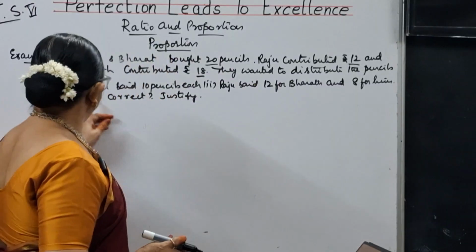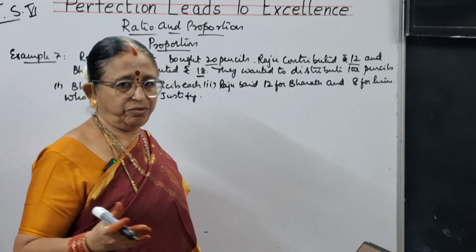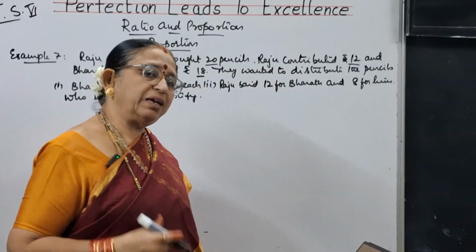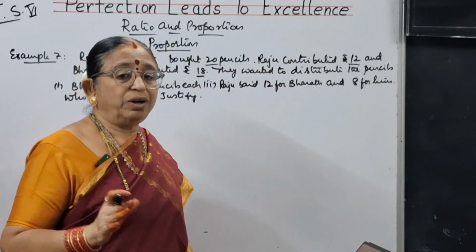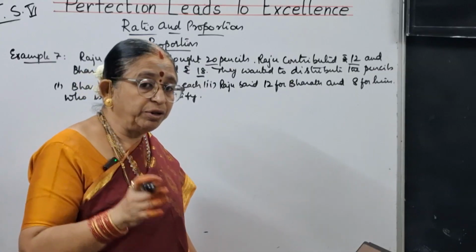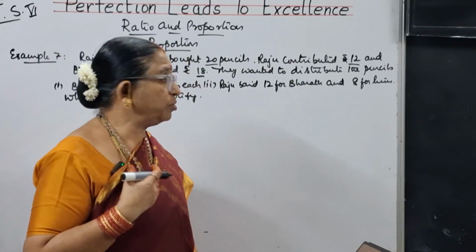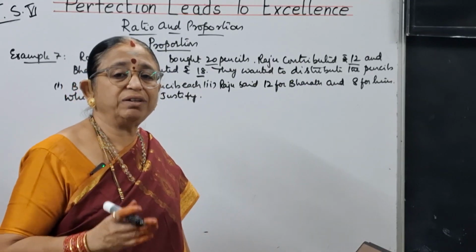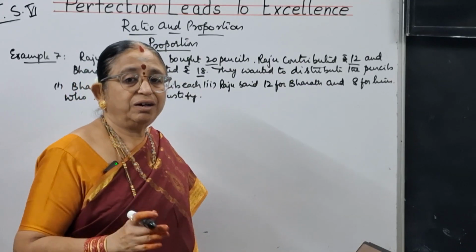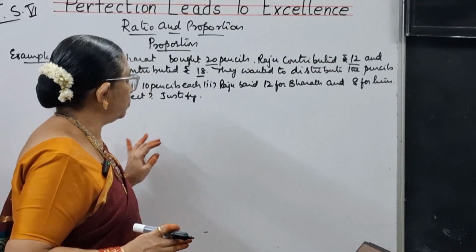But Bharat said let us take 10 pencils each. But Raju said, no, no, it is not correct. Bharat has to take 12 pencils and I should take only 8 pencils. So the question is, who is right? Whose ratio is correct? And you have to justify it.